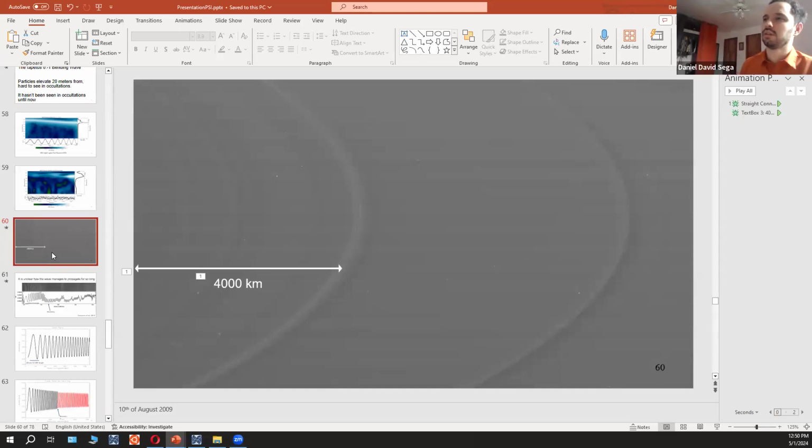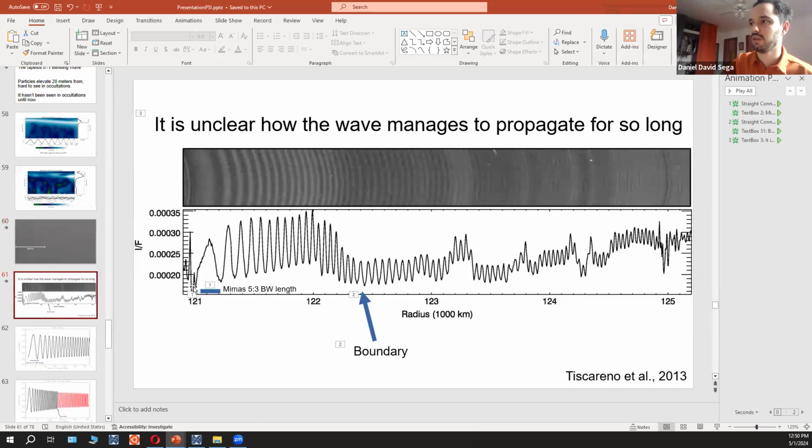For this particular case, one of the things that truly sells that this is a wave is that the position where these undulations start is exactly where the resonance should be.